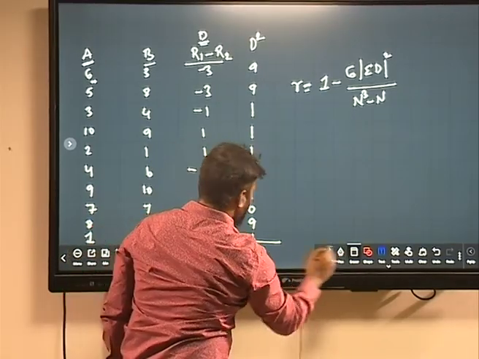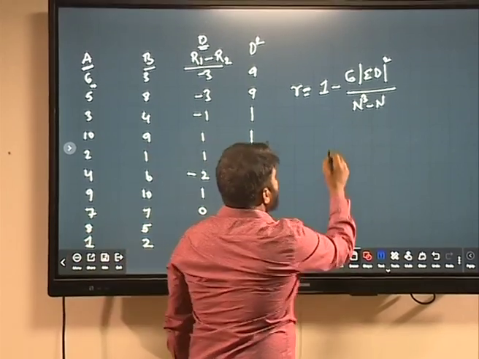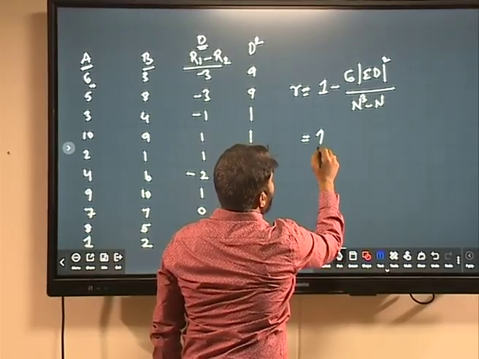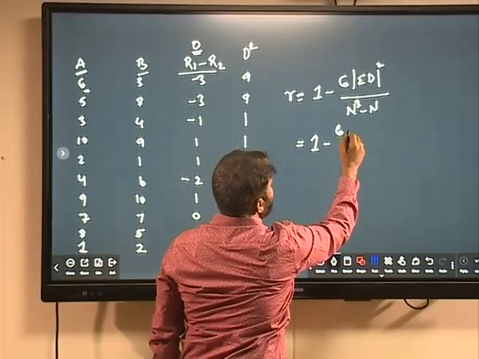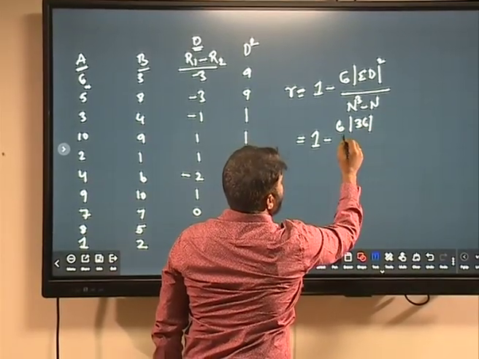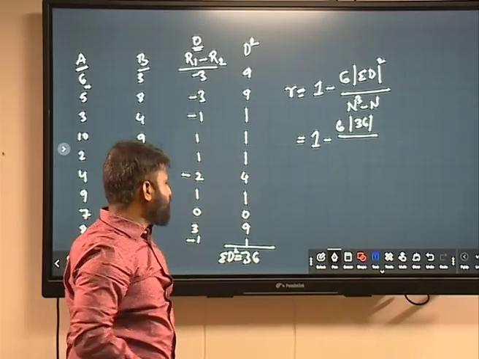You can take the direct value as well. Just substitute: 1 minus 6 into 36, divided by n, where n is the number of variables.